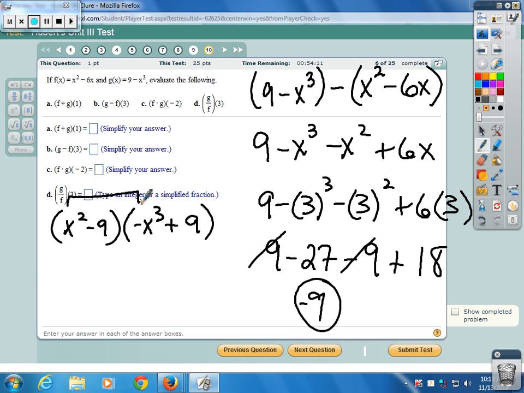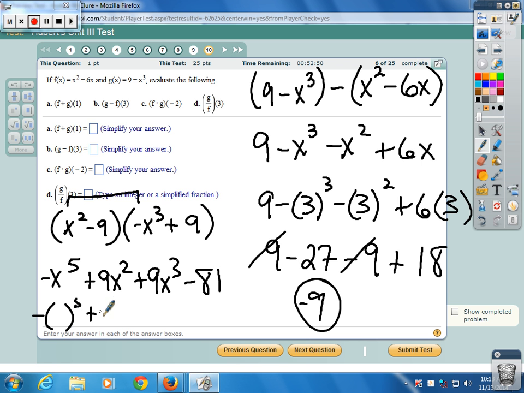And that's going to be negative x to the what? 5th plus 9x squared plus 9x cubed minus 81. That's going to be negative parentheses to the 5th plus 9 times parentheses squared plus 9 times parentheses cubed minus 81.